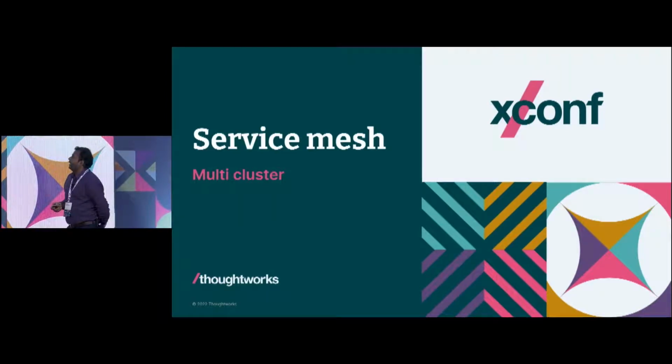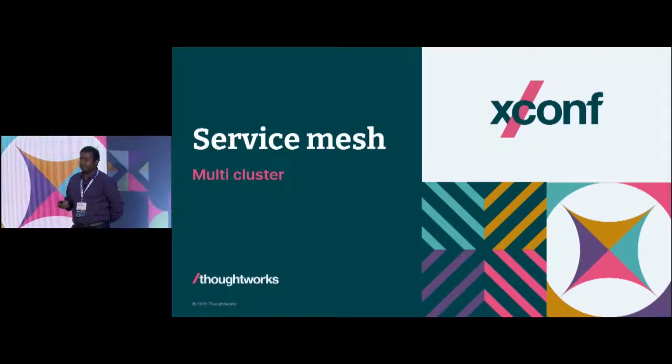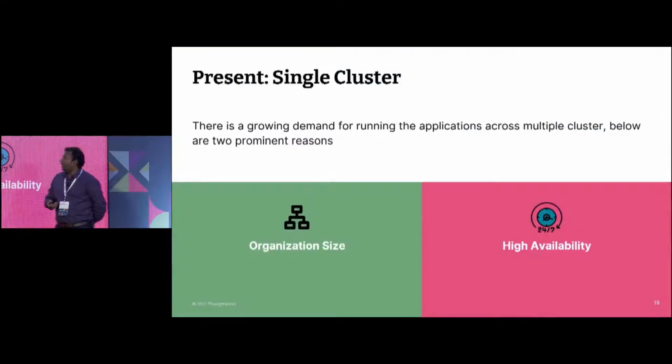Okay, so we'll go to the next problem that we are going to talk about. Multi-cluster is not something new, but it is something that most companies are now moving to. If you have a small organization with a small cluster, say a 10 or 20 node cluster, this problem won't even come to you.